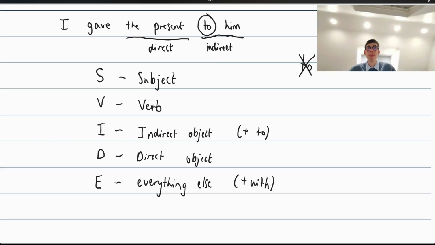Obviously, 2 as in the number 2 does exist, like there is a number between 1 and 3, but 2 in the sense of TO does not exist. Everywhere we see 2 in English, it's been replaced by something else. And that's why we have to talk about using the indirect object like that, because you physically cannot say, I gave the present to him. There aren't the words and the means to express that. You say, I gave him the present.